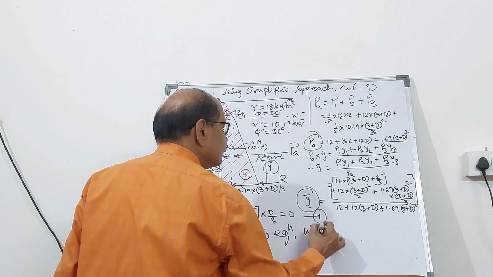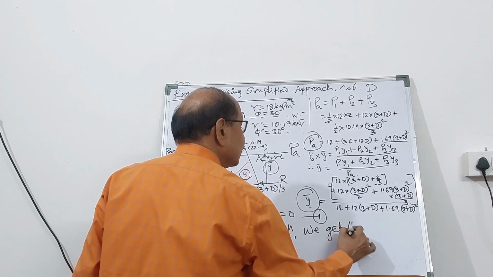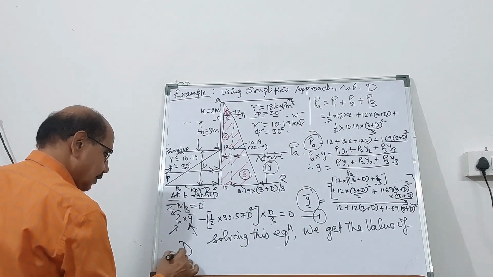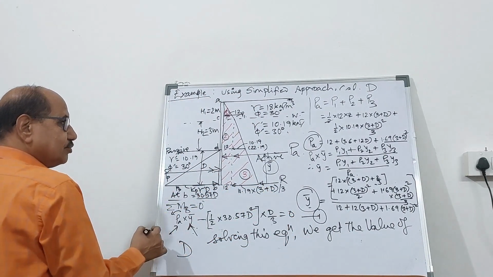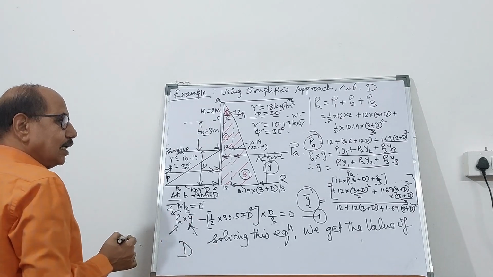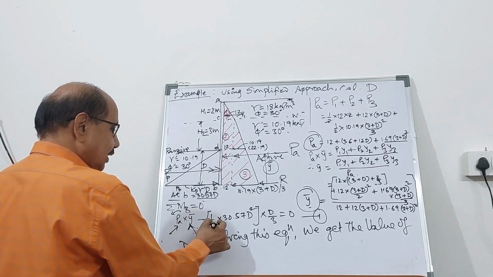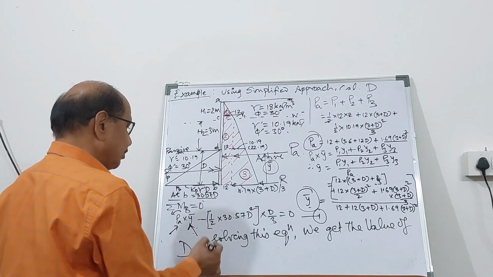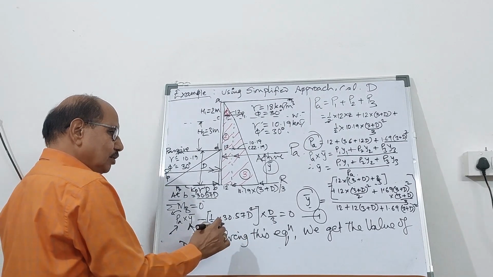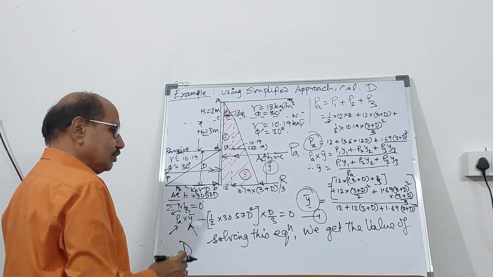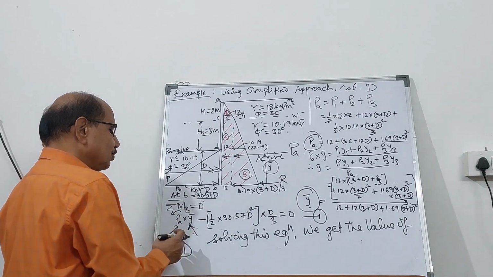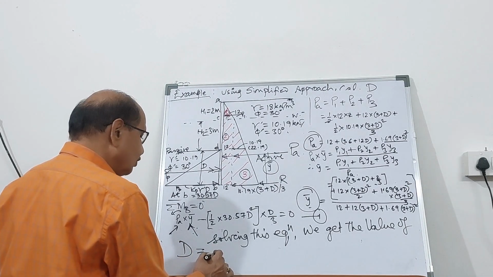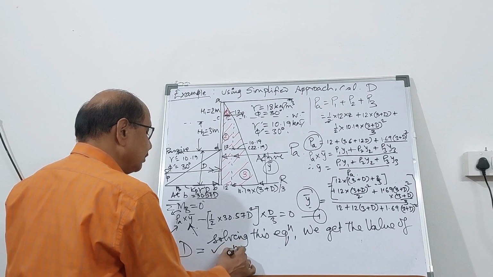Solving this equation, we get the value of depth of embedment D. So one equation you will be getting after substituting PA y bar, which will be in terms of D, and minus PP into D by 3, that will also be in terms of D. So you will be getting one equation in terms of D, and that cubic equation, if you solve it, you will be getting the value of depth of embedment in meters.